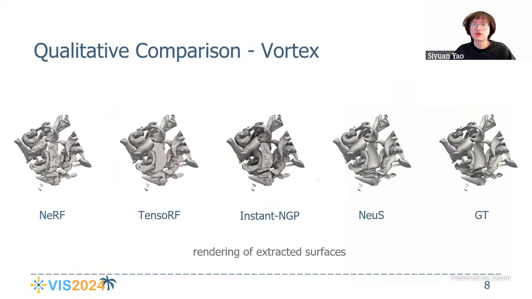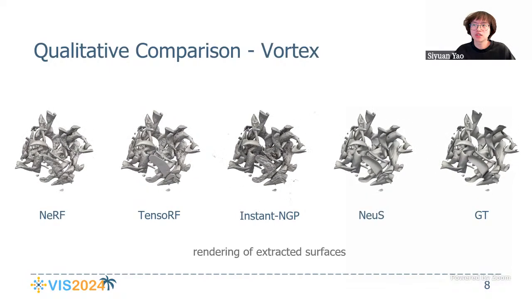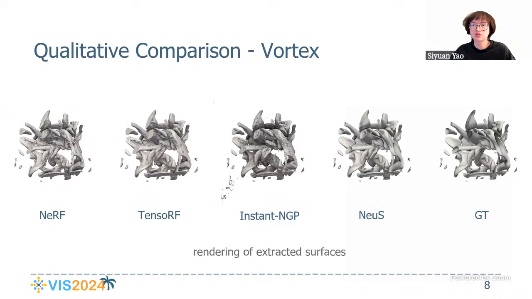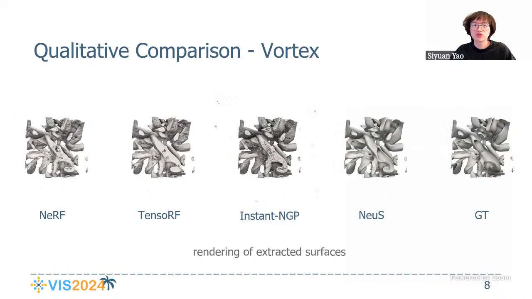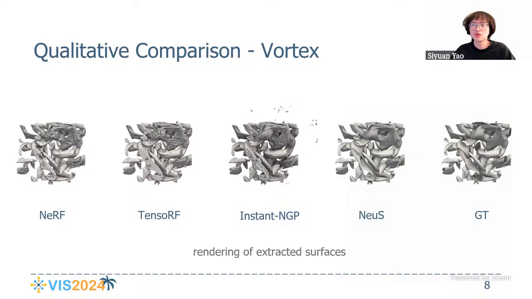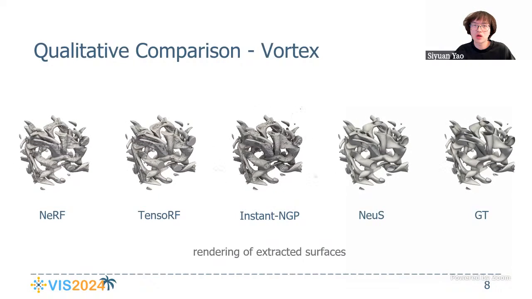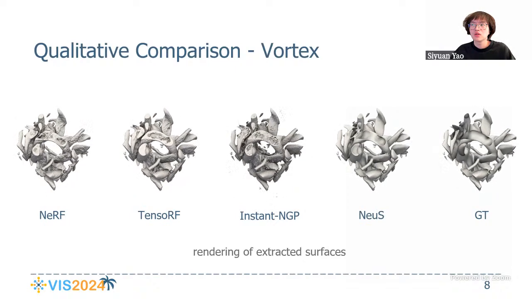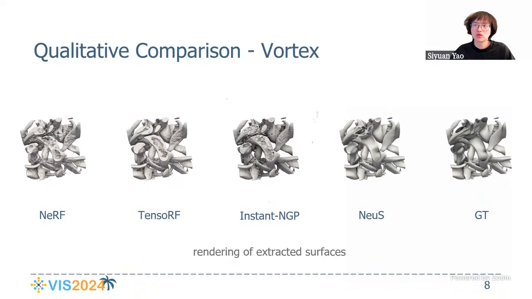We first compare the methods qualitatively by the appearance and the visual quality of extracted surfaces. As you can see from the visual results, the neural radiance field methods in Group 1 perform poorly. The reconstructed surfaces were noisy.